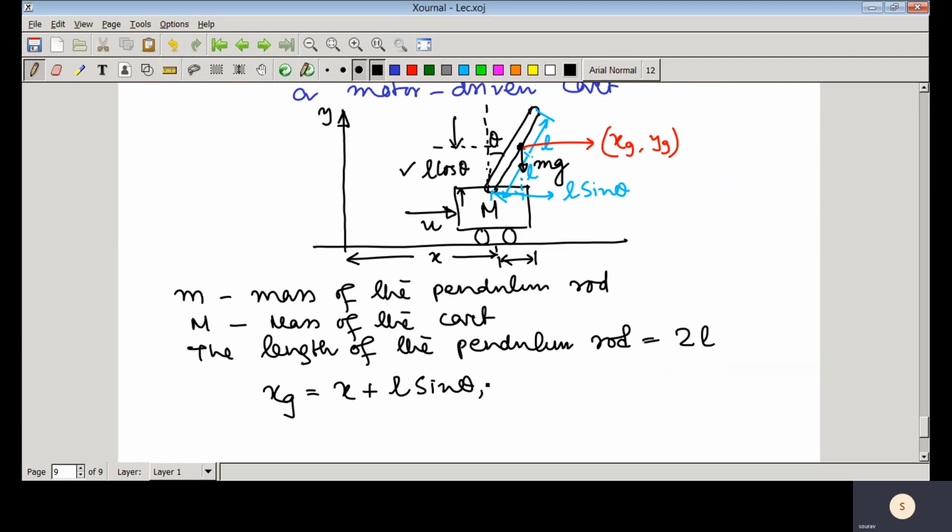And yg equals L cos theta, where we assume this height is negligible.